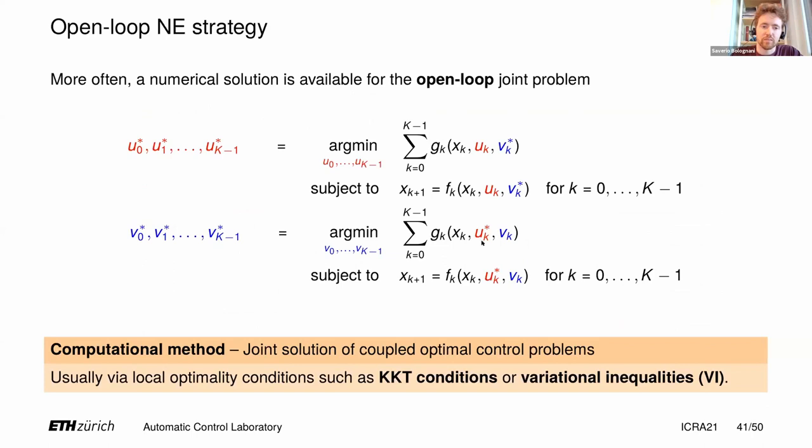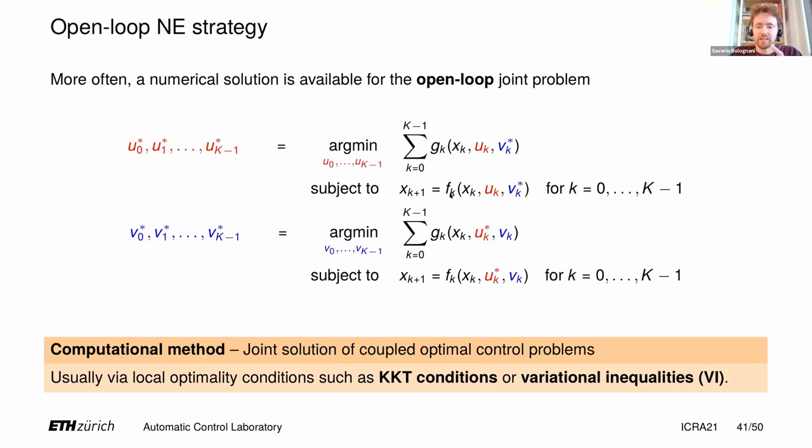What's much more tractable is to find all the possible future inputs in a trajectory, in a multi-stage game, for the next stages, that minimize the outcome for player one when player two is playing their optimal strategy vk star. Subject, of course, to the updates, right?